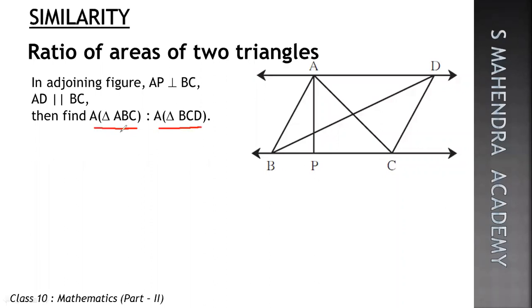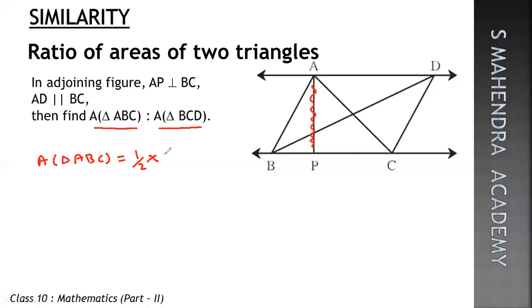So first we will calculate the area of triangle ABC, and it will be 1/2 base. So for triangle ABC, from observation we can conclude that AP is the height of that triangle.